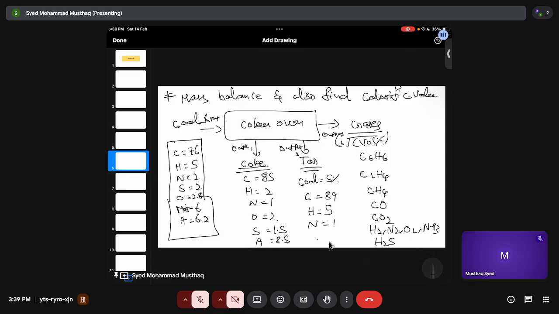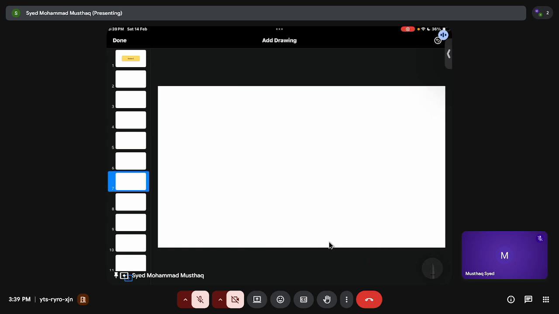Now let's say you want to make a coke of 1000 kg, or 1 ton. Then how much coal is required to get 1 ton of coke? So how do we deal with that? See, you can take different compounds.